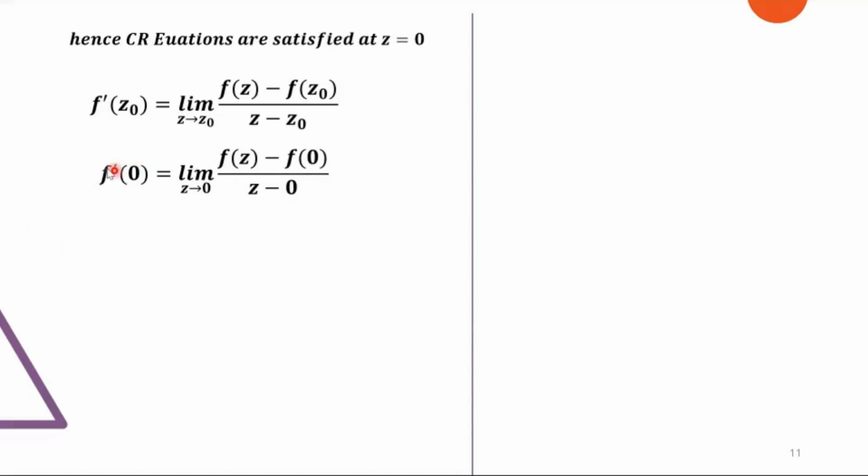To prove that this function is not differentiable, we have to show that the value of this limit is not unique. Okay, as z approaches 0 along any path. फिर से फंक्शंस f of z पुट करना है, f of 0 पुट करना है और z को x plus i y पुट करना है.